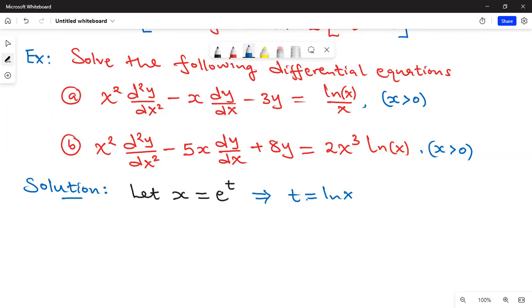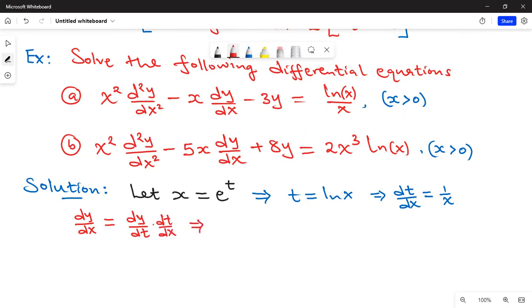Now, when I differentiate this equation with respect to x, dt dx is equal to 1 over x. With this change of variables, where we have dy over dx, if I use the chain rule, it's the same as dy over dt times dt over dx.